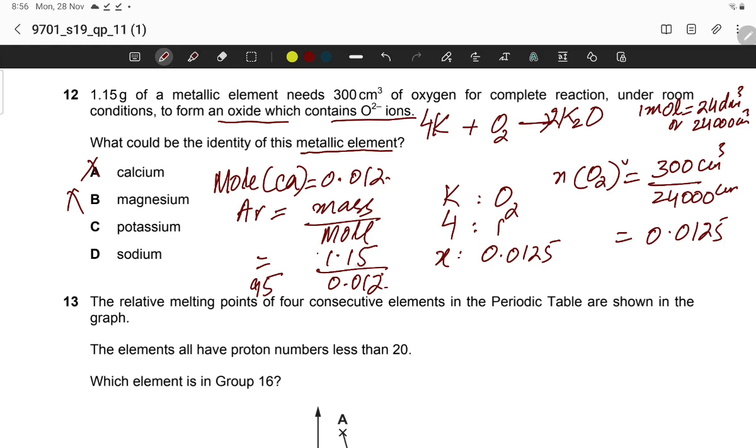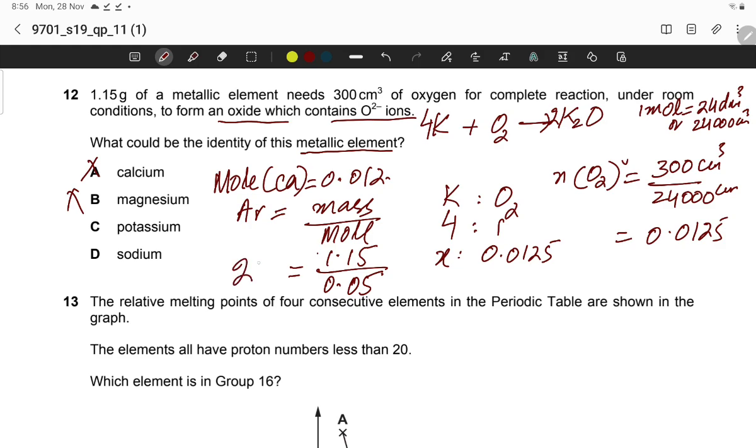The moles are 0.05. This is equal to 23.